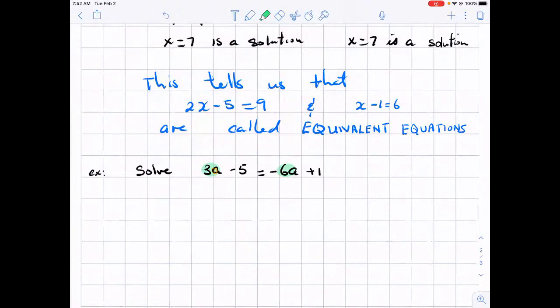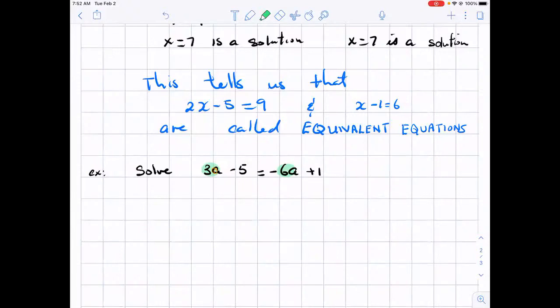So what do we do? Well, some of you were told that the variable has to be on the left side. Some of you were told it has to be on the right side. Some of you were told it doesn't matter. Now, if you have a method that works for you, then use it. If you were told that it has to go on the right side, you can put it on the right side.